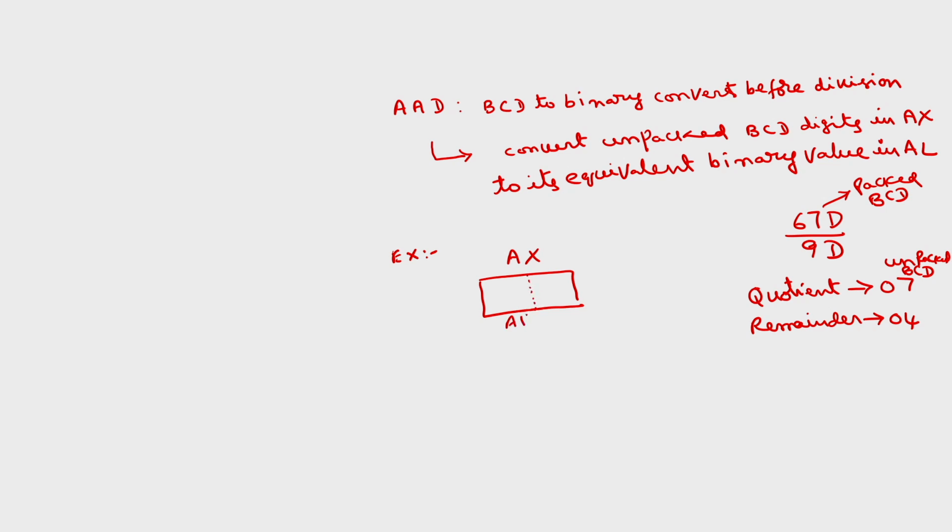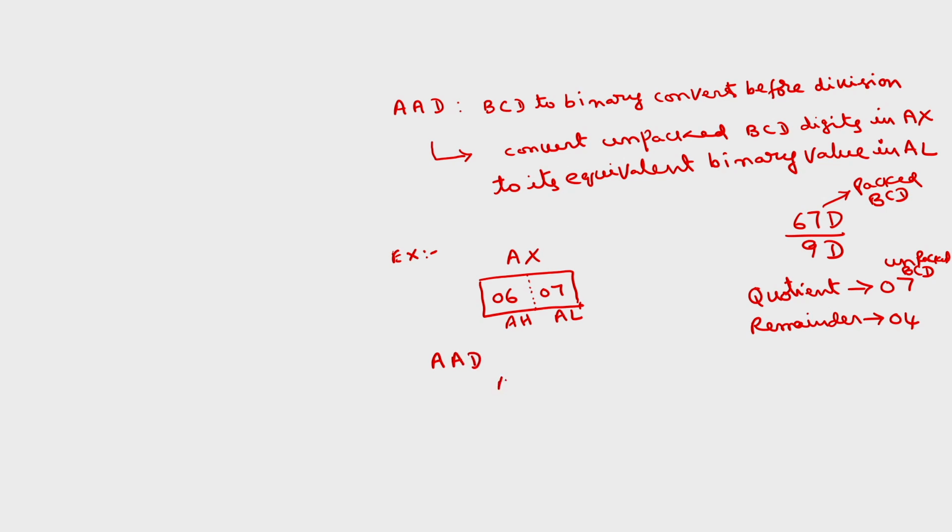In AH we take 06 and in AL we take 07, which is called unpacked BCD digits. So the packed BCD 67 I am taking into two 8-bit registers in unpacked form, 06 and 07.